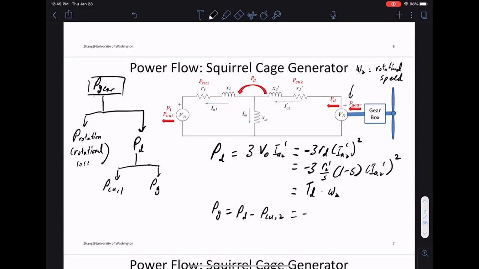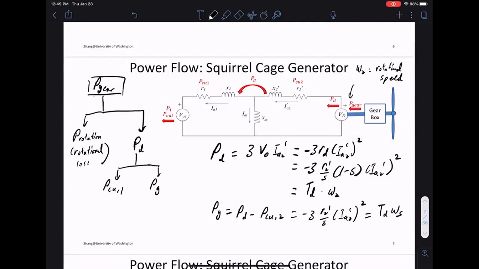We would get -3 R2 prime, sorry, not 1 minus S. What we get is -3 R2 prime over S, I2 prime squared. Okay, that's I2 prime squared.